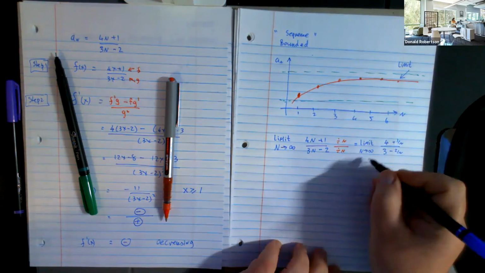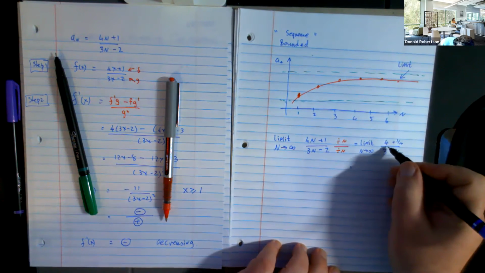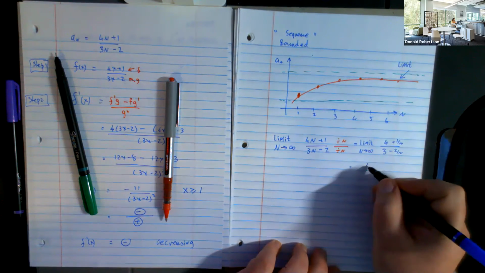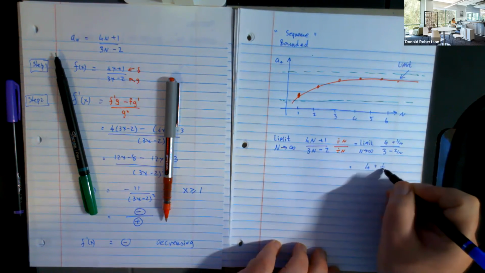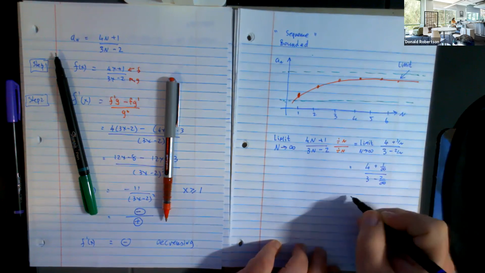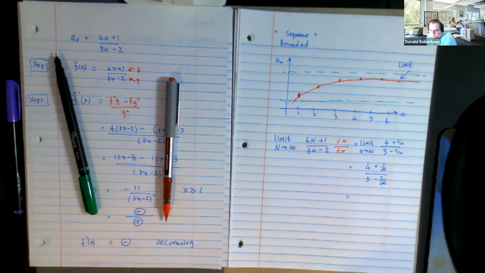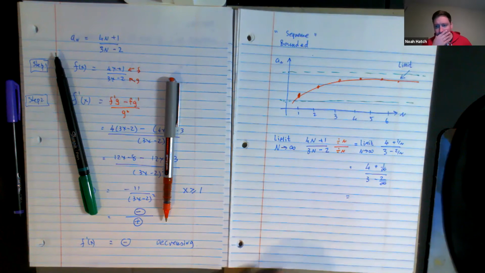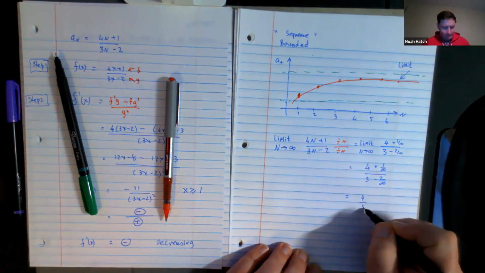Now, if you make n infinite, basically, you get this fella, take away this fella. Now, as weird as that looks, it's not actually that weird. What would 1 over infinity get you, essentially? 0, right? So 4/3.